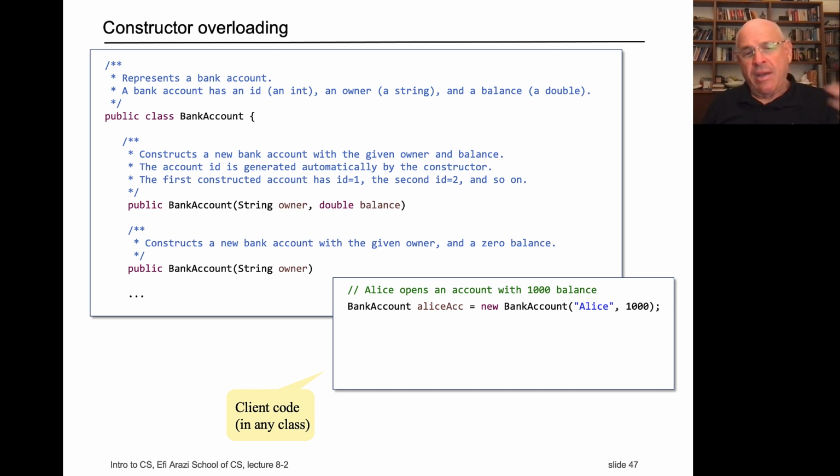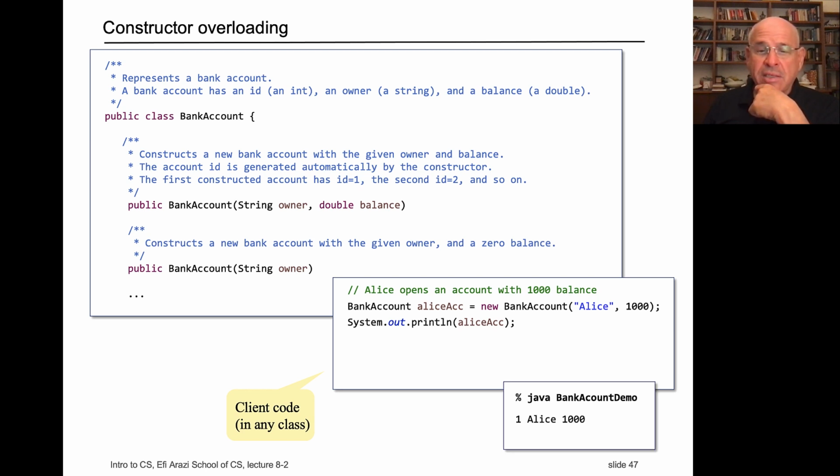I define a new object variable called AliceAcc, and I call the constructor, passing the arguments Alice and 1,000. And then I print Alice's account, and what I will get is the ID, which is 1. This is the first account in the bank, so it has ID number 1. I get the owner Alice and the balance 1,000.